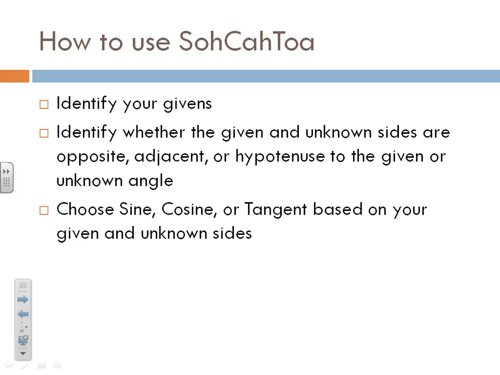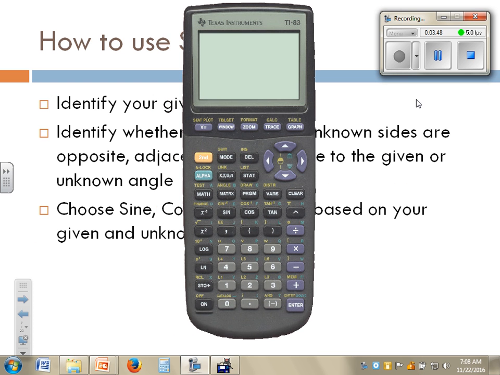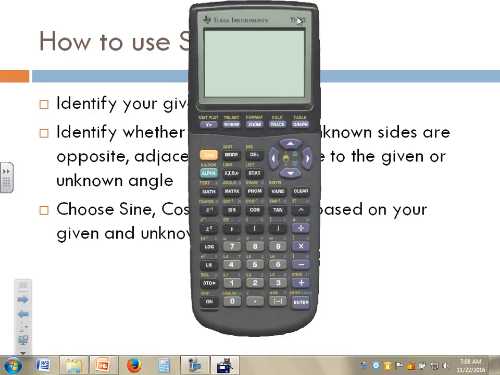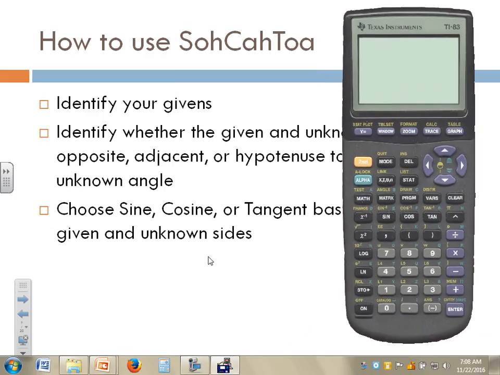It's a little bit weird, but we're going to use our calculators to kind of help us out here. You're going to notice I brought out my calculator. I have my virtual TI here, all right? And on my virtual TI, we're going to notice that we have three buttons, sine, cosine, and tangent.